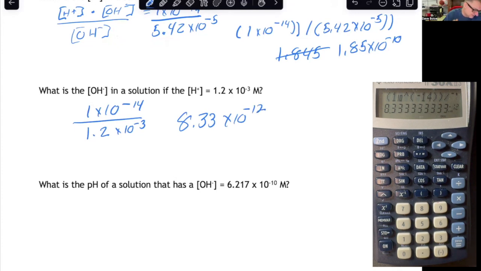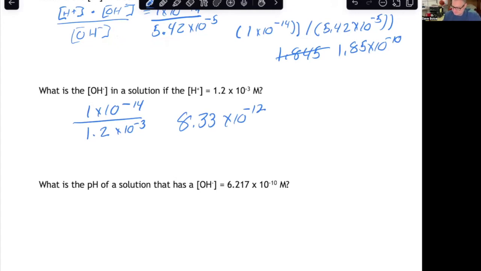Okay, so while we're here, let's take a look at ways I can go between, say, pH to pOH, stuff like that. So the question is not on here, but let's just say we wanted to go from a concentration, which can be H plus or OH minus, to a pH or pOH, which is going to be a 0 to 14 number, where concentration is going to be a 10 to the negative number.